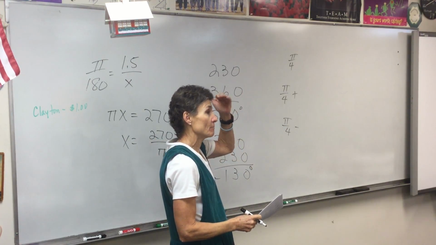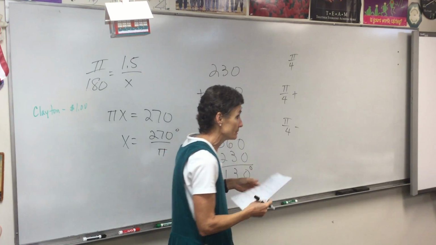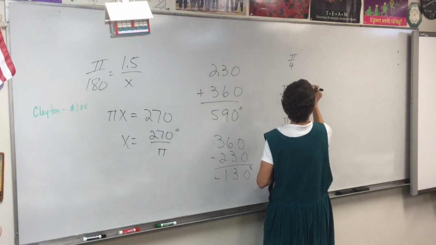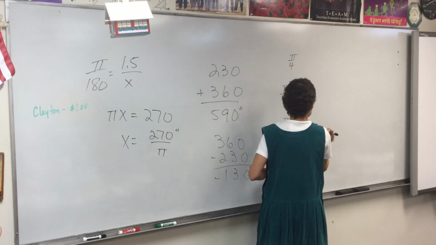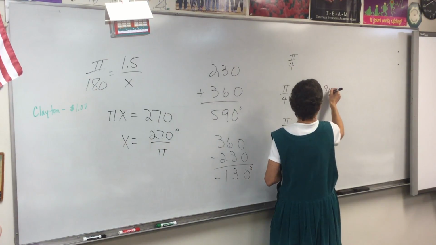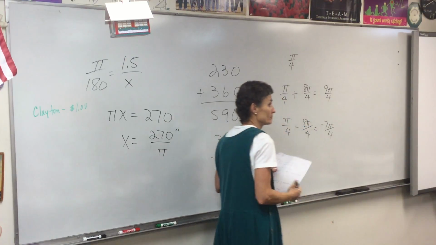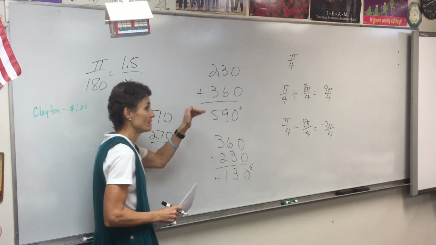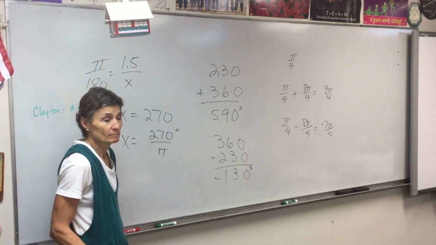So instead of thinking of 2 pi, I'll think of 8/4. So I'm going to add 8 pi over 4 and subtract 8 pi over 4. So my answers are 9 pi over 4 and negative 7 pi over 4. That would be my positive and negative coterminal angle for pi over 4.